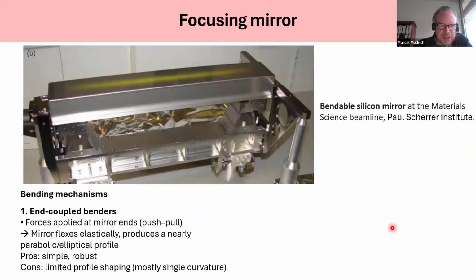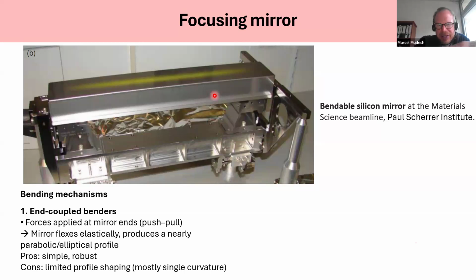And this can actually be done, for example, by these bendable silicon mirrors. There are various ways of bending the mirrors. Of course, when we talk about bending, this is not bending it completely round, but bending only fractions of a degree of angle of inclination, right?